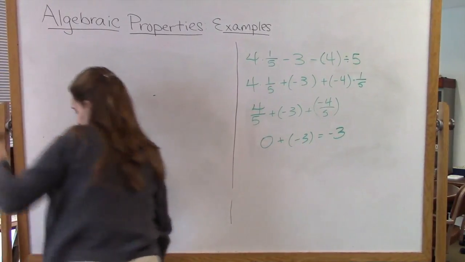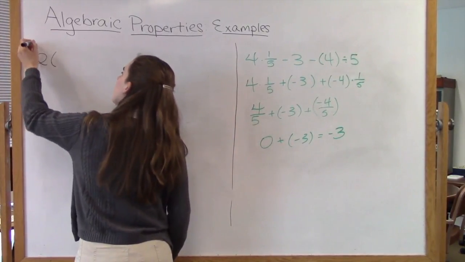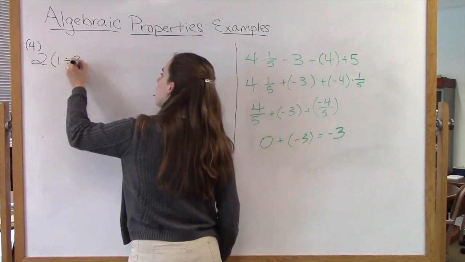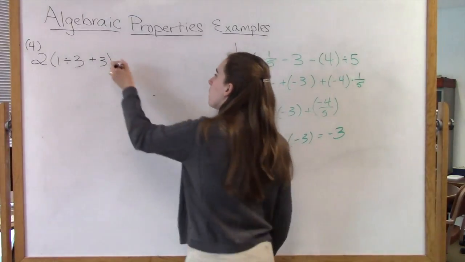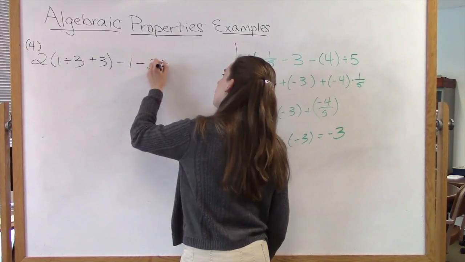So let's take 2 times 1 divided by 3 plus 3. Then we have minus 1 minus 2 divided by 3.